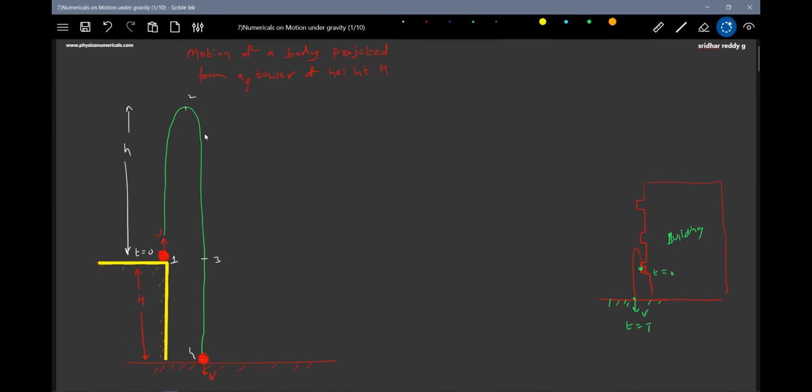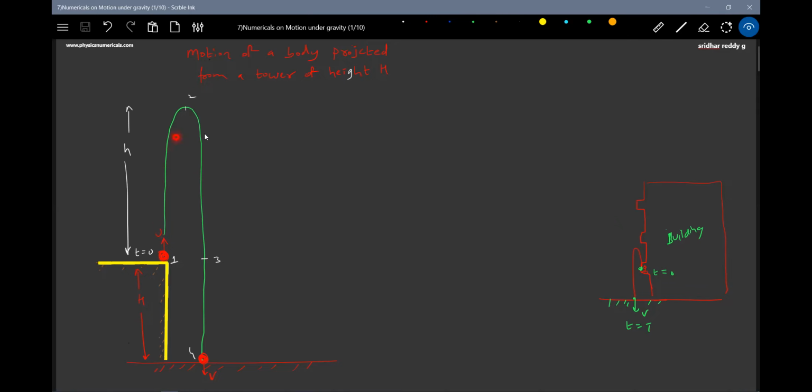Just take some ball, go outside and project it. Stand on a certain high rise, like a canopy or some cliff or a hill, and from there you throw a ball.